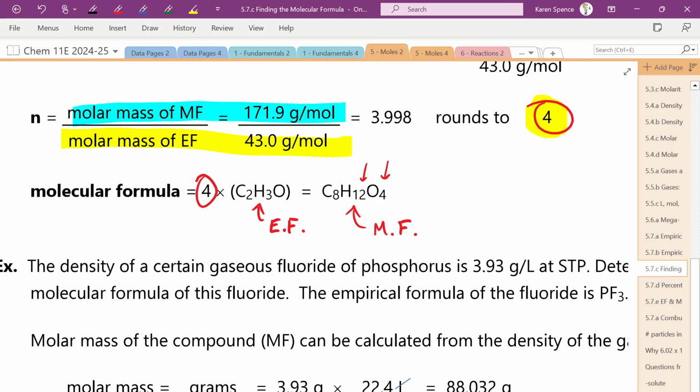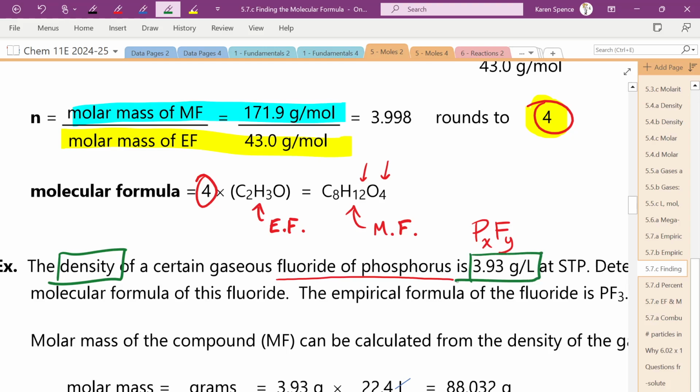The density of a certain gaseous fluoride of phosphorus. So first of all, you have to say, what the heck is a gaseous fluoride of phosphorus? It's like a P and an F, okay? So you've got P something, F something. Now I'm given the density, okay?